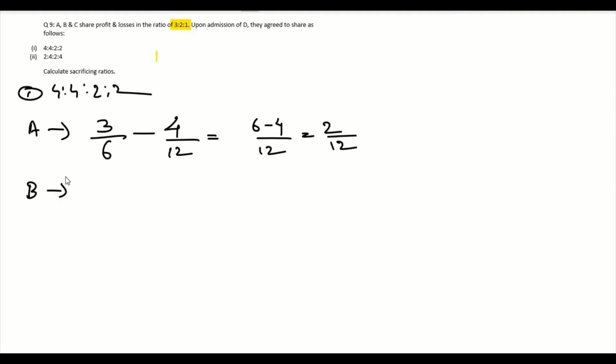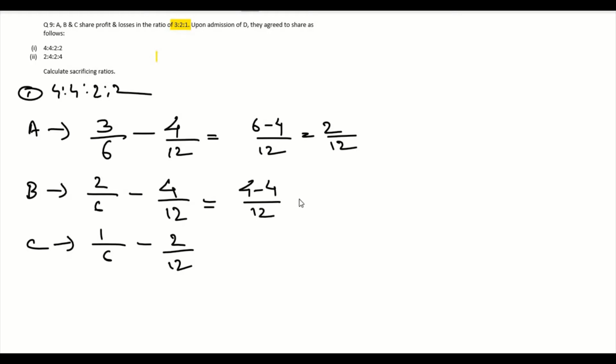For B, his old share is 2/6. C's old share is 1/6. B's new share is 4/12 and C's new share is 2/12. So for B, it is 4 minus 4 over 12, which is 0/12, which means that he didn't make any sacrifice.